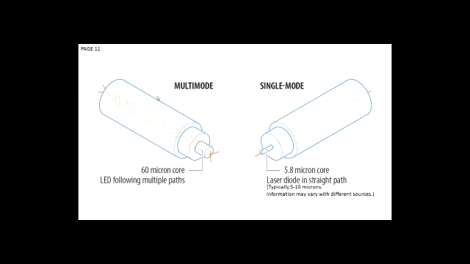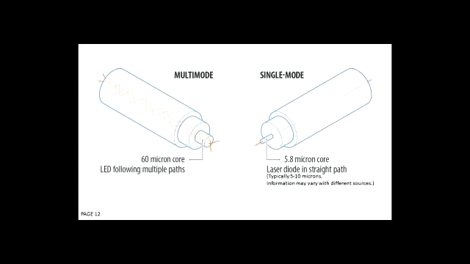The multi-mode, the size of the core would be about 60 microns. And the single mode would be 10 times less, around 5.8 microns. That would be the size of the core, okay, in a single mode.